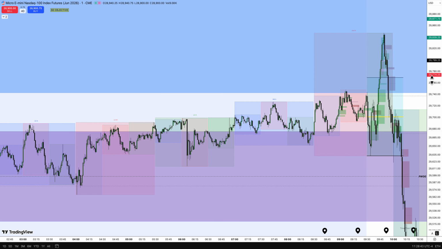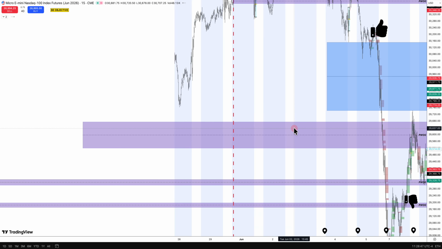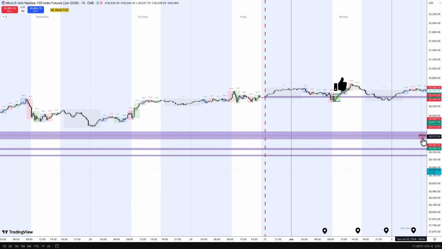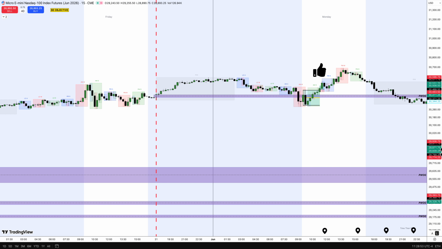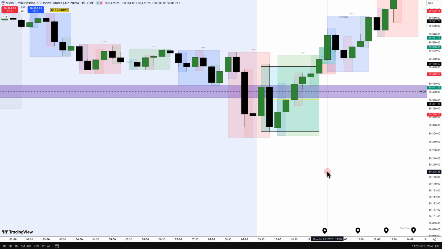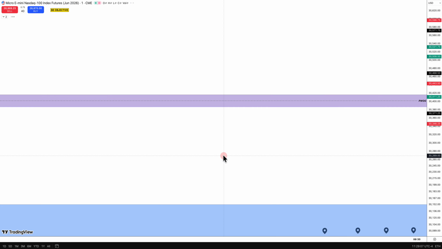Let me give you another example. Let's go to the 15-minute time frame, and then let's go back right here. As you can see, this is a winning trade, but I'm gonna break it down with you. Now, this is the first 15-minute candlestick right after the 9:30 open. Then you mark the high, you mark the low, then you go to the 1 minute time frame.